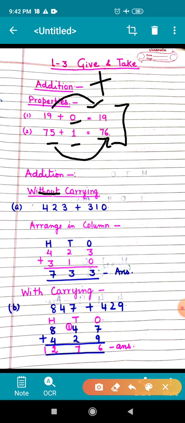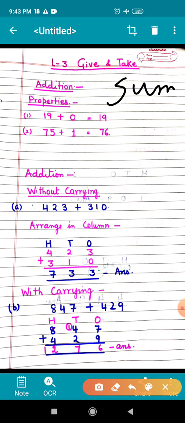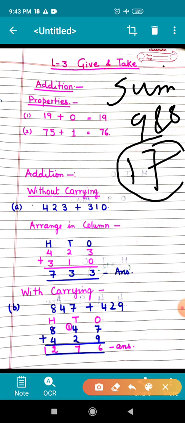And children, the answer of addition is known as sum. If I ask, what is the sum of 9 and 8? You will simply add 9 and 8 and give the answer 17. So 17 is the sum of 9 and 8.